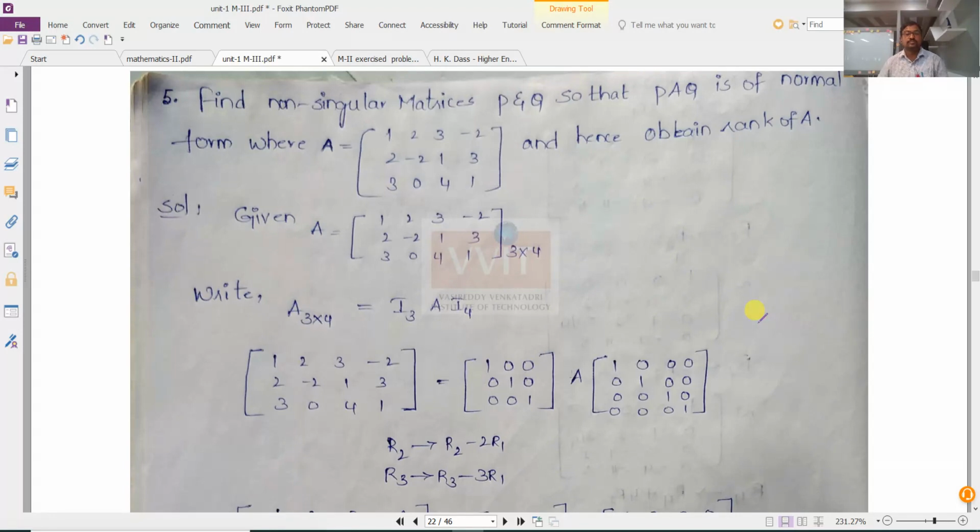The question might be asked like this: find the two non-singular matrices P and Q such that PAQ is normal form, where A is 1, 2, 3, 2; 1, 2, 3, minus 2; 2, minus 2, 1, 3; 3, 0, 4, 1. Clearly it consists of 3 rows and 4 columns, 3 by 4.